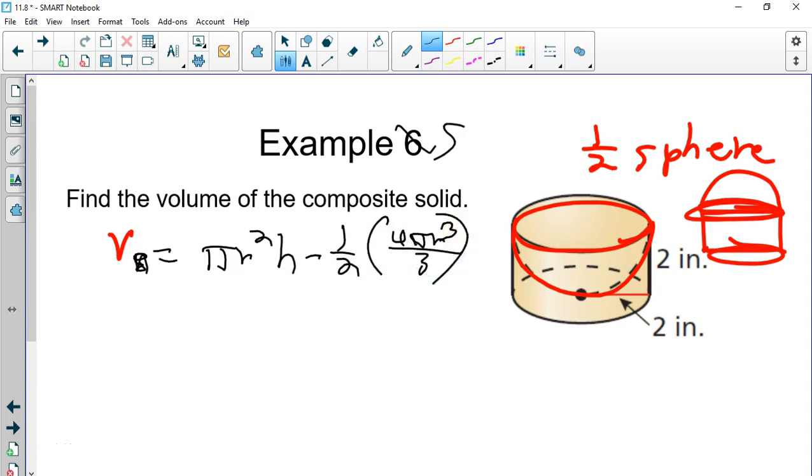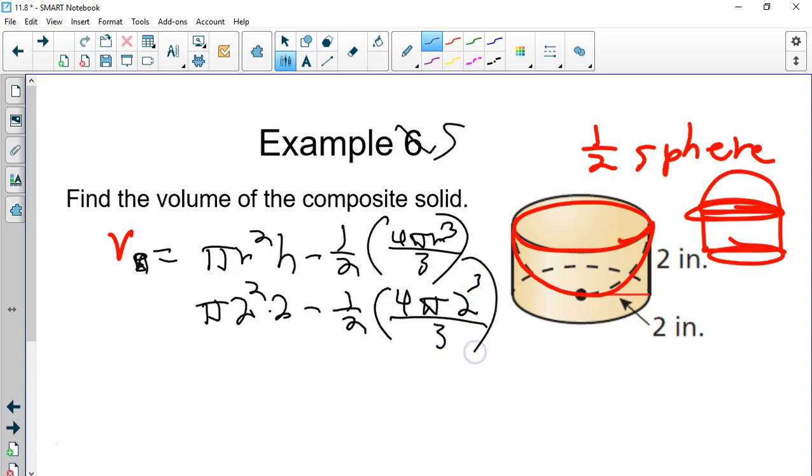Because remember, we only want a semi or a hemisphere. So, let's do the math. Pi r squared. We have pi, the radius is 2. So that's going to be 2 squared, and the height is also 2. Now you can do this separately or all at one time, it's up to you. Minus 1/2 4 pi 2 cubed divided by 3.